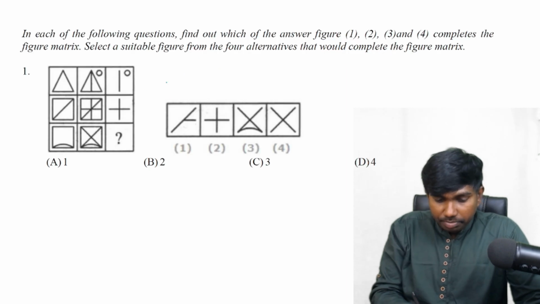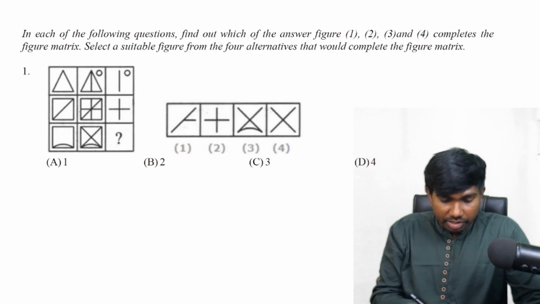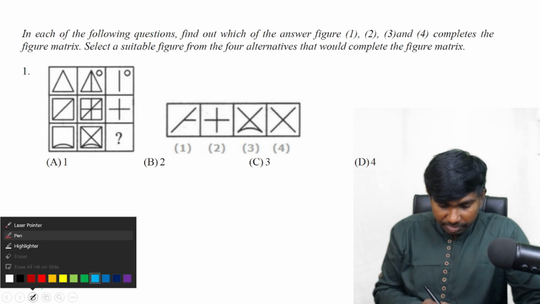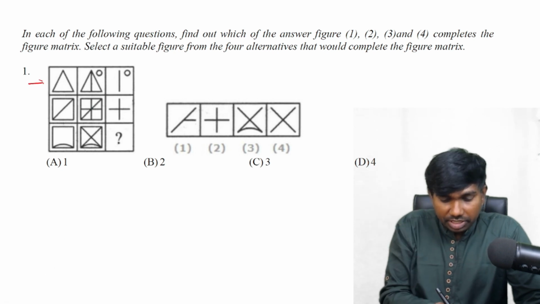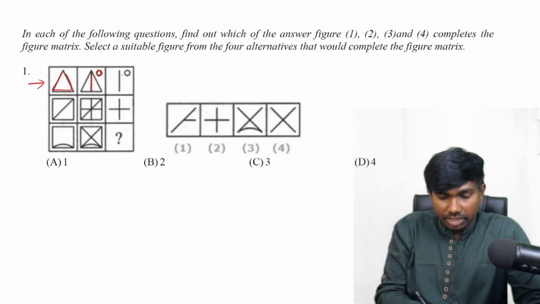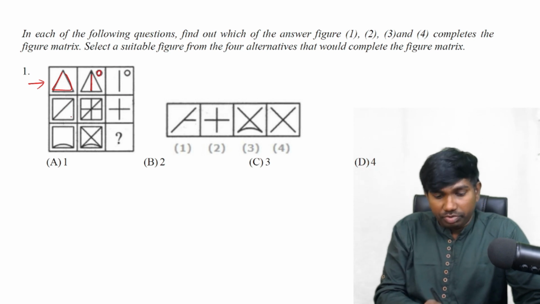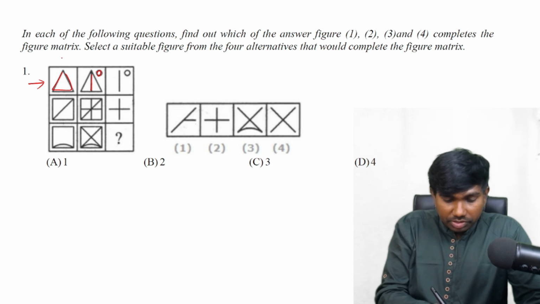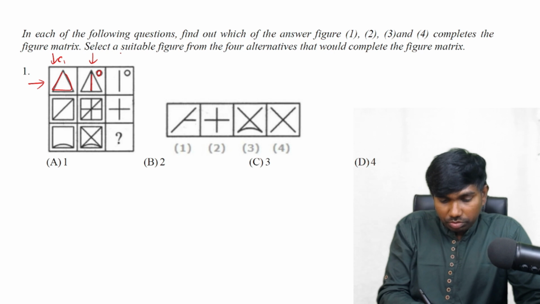You may go vertically or horizontally depending upon the question. Here, which is better to use? Horizontal is better. There is a triangle here, a line and circle are added, and then the triangle got removed. This is column 1, column 2, column 3.